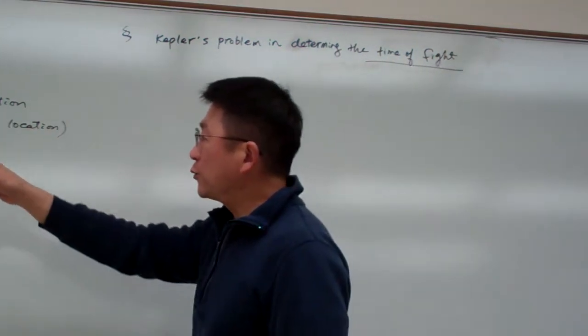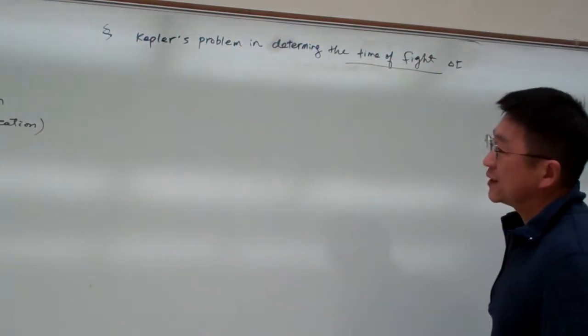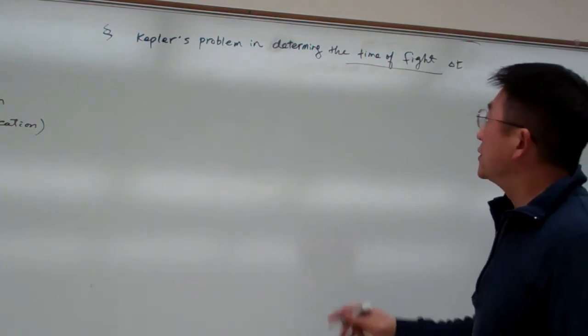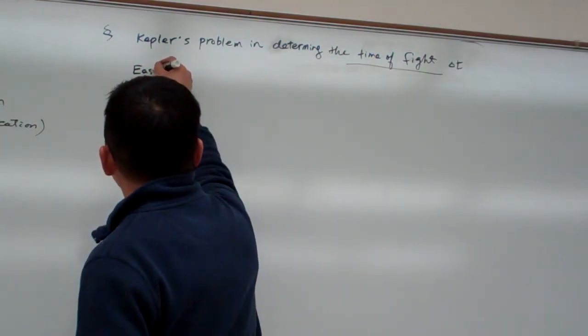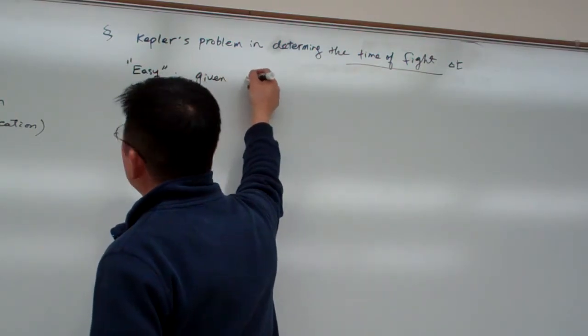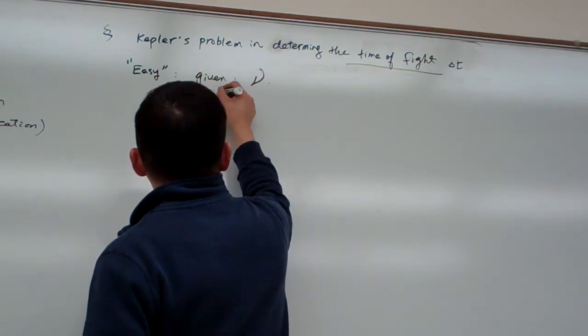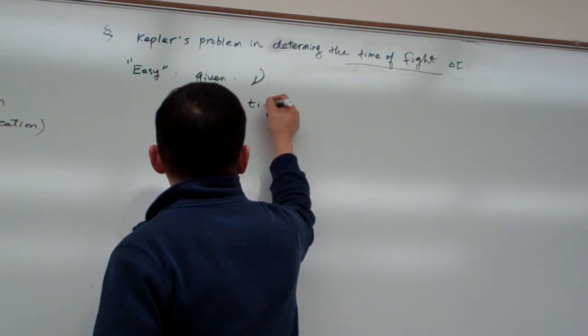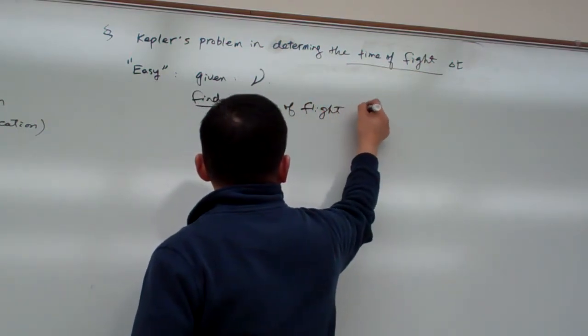It is simply what we defined in that graph; we want to determine delta t. This one is again an easy one. Here we are given the true anomaly and we're going to find the time of flight, delta t.